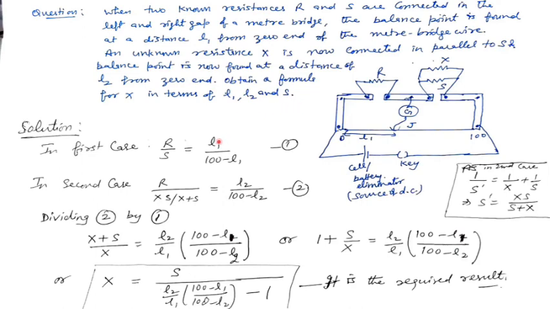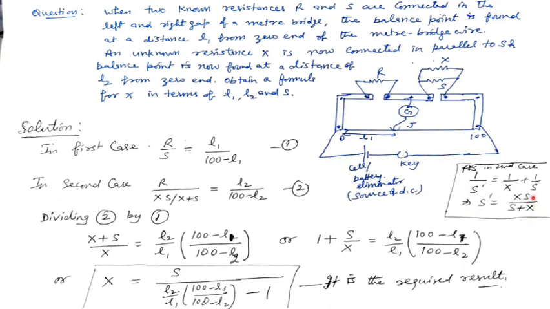Using the balanced Wheatstone bridge, if I am getting the balance point, the null point, here, then this length L1 and 100 minus L1 are in ratio with R and S. By the balanced Wheatstone bridge, I can write this equation. For the second case, I am connecting X in parallel, so I can find the effective resistance for the parallel combination, that is S dash.